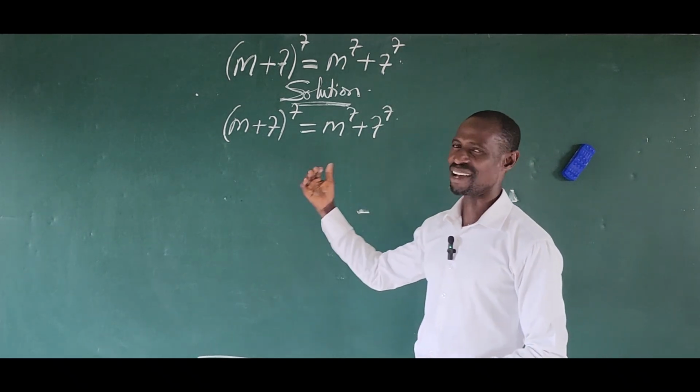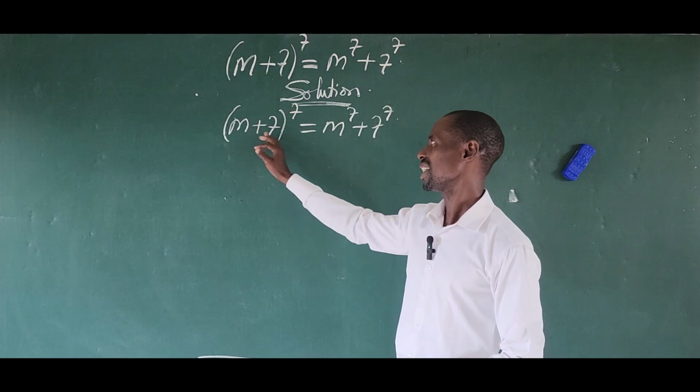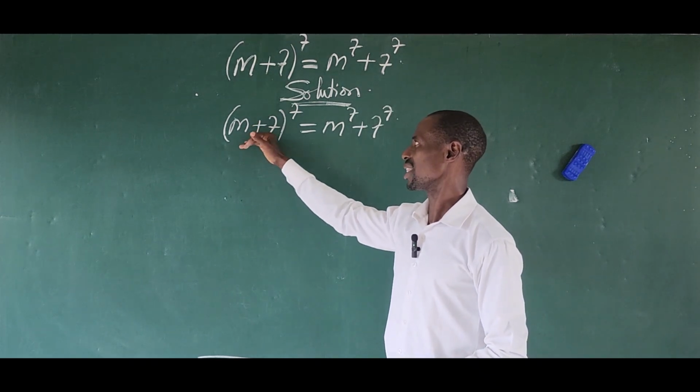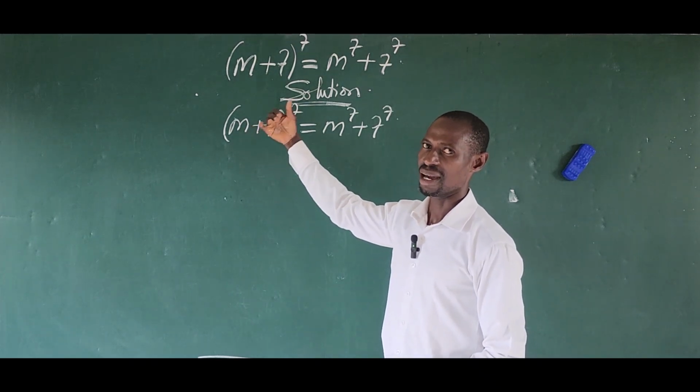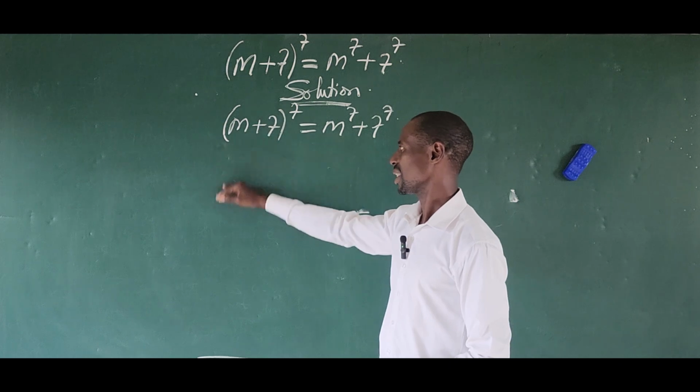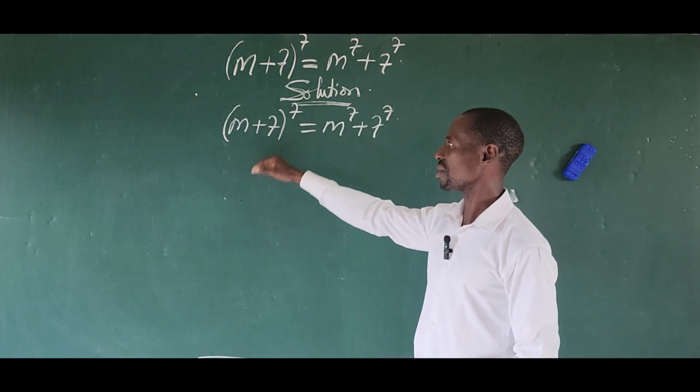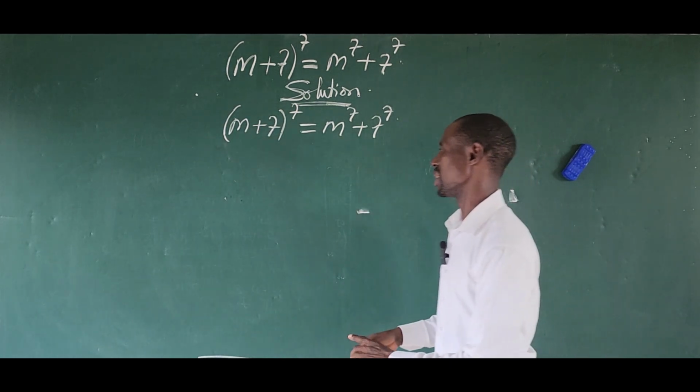So I have to do research to find an expression of this kind in our algebraic identities that will enable us to solve this. And I came up with this.